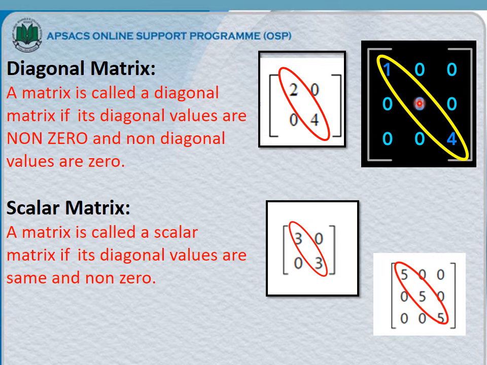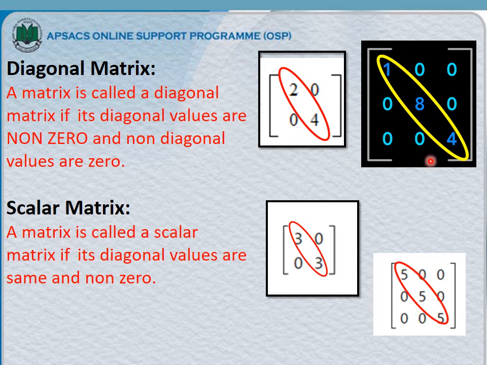Similarly, in this example, this is the diagonal of this matrix and the entries are non-zero. But you can observe that these are non-diagonal values and these are 0. If the diagonal is non-zero and non-diagonal values are 0, then we can say these are diagonal matrices.